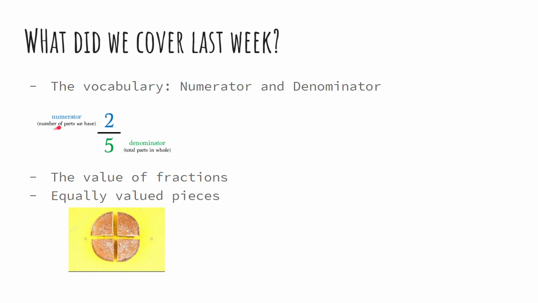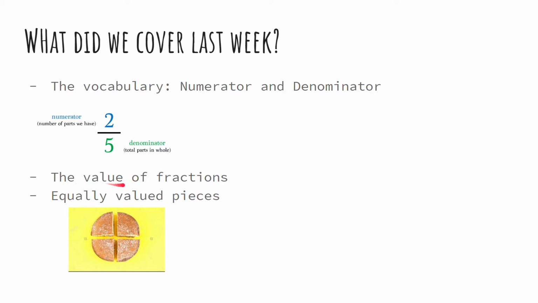That's when we're talking about the number of parts we have or that we're trying to talk about. In the case of most of my examples, I was talking about the shaded parts. So in this fraction, we would show 2 shaded parts out of a total of 5 parts. And that total number of parts that we're talking about is the denominator.